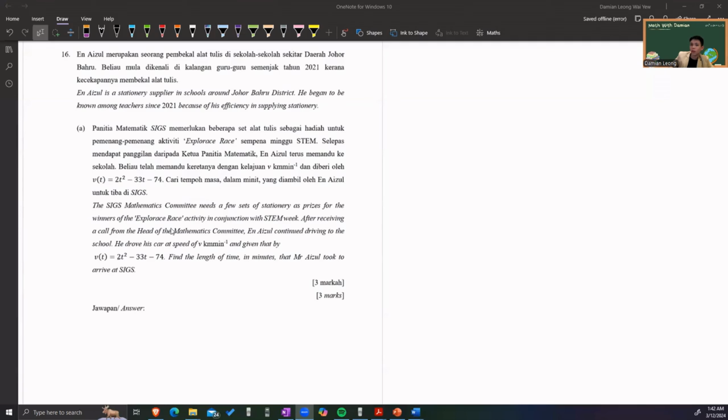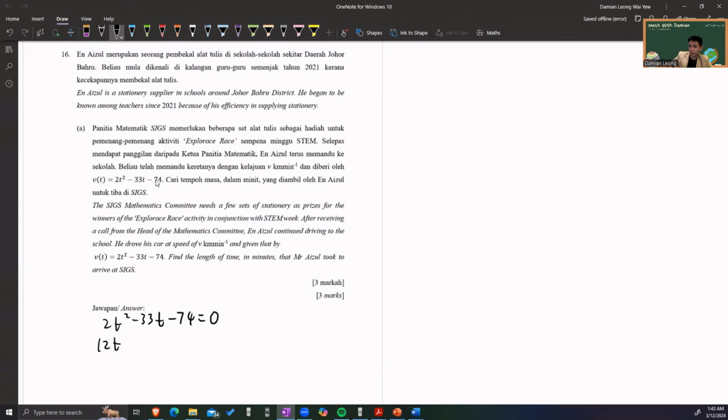Okay, so when he arrived at 6, basically, it would be when his velocity reaches 0. Okay, because when you reach, you stop. So I find when V(t) equals 0, means 2t squared minus 33t minus 74 equals 0.